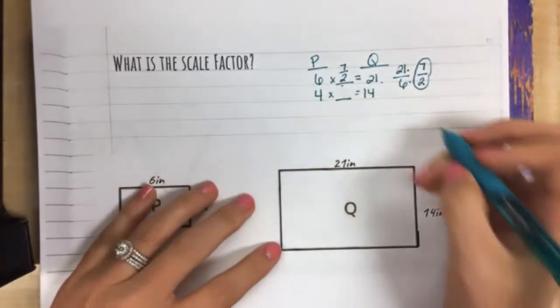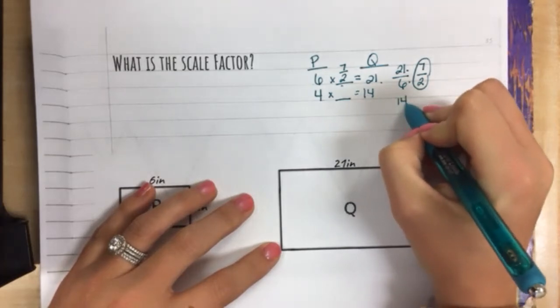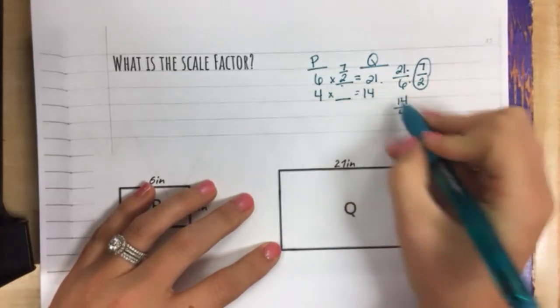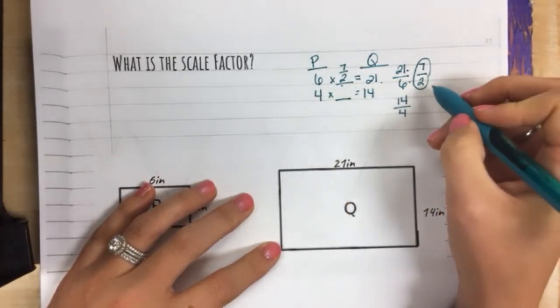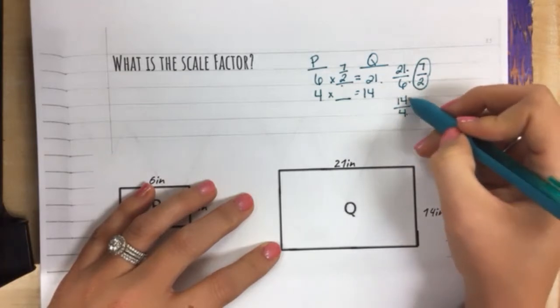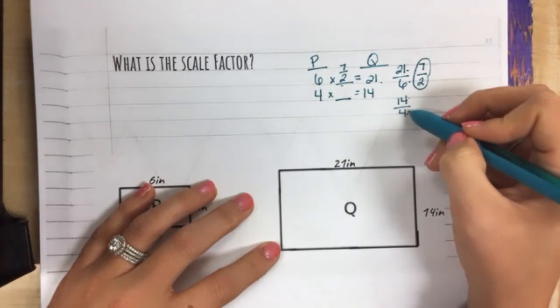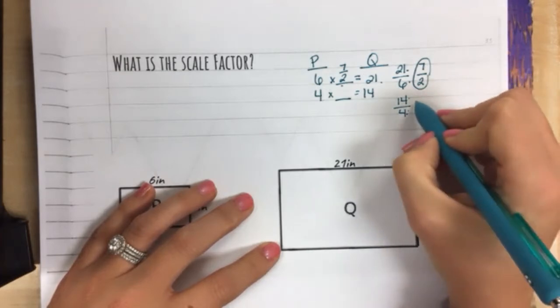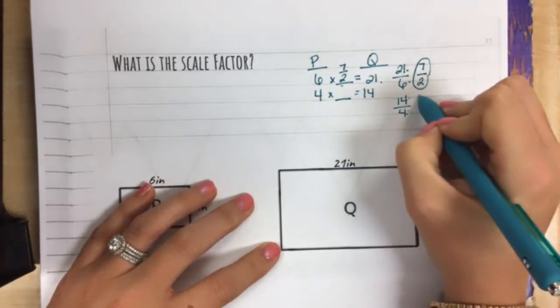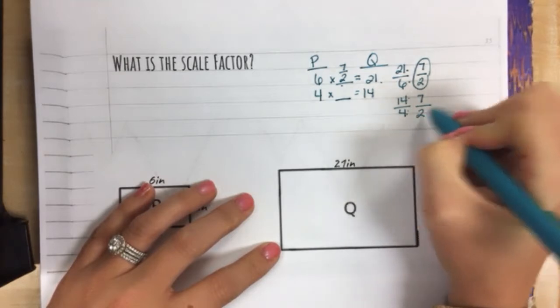Let's do the same thing with 4 times something gives me 14. 14 divided by 4, inverse operation, I'm going to get a number. It's not going to be a whole number, but can I divide and simplify? Can I divide by 2 for both of these numbers? Yes, I can. So I'm going to divide by 2. 14 divided by 2 is 7. 4 divided by 2 is 2.